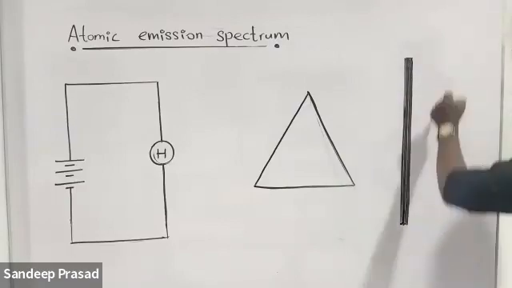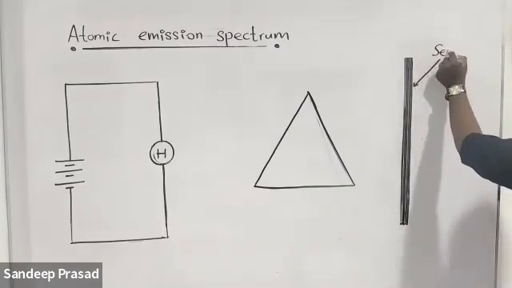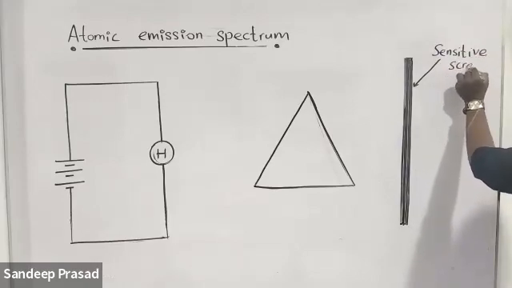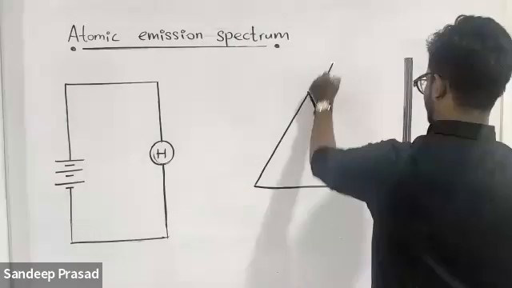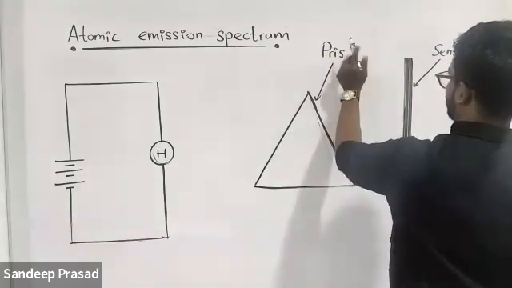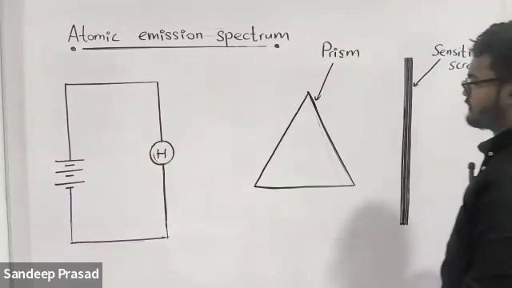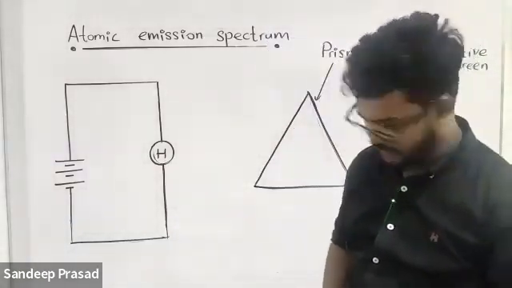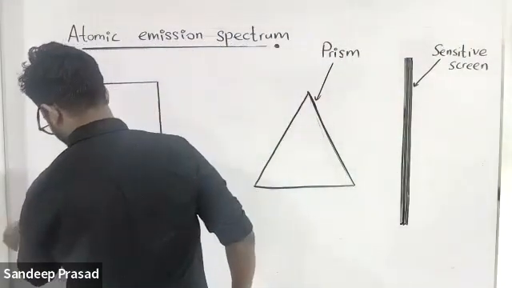So this is a sensitive screen again. Let's see what kind of spectral line diagram we have here. And as usual, here we use a prism because we can see the energy radiations properly by keeping a gap, using a prism. And this one is a voltage energy source.